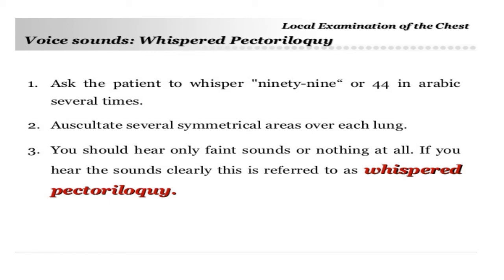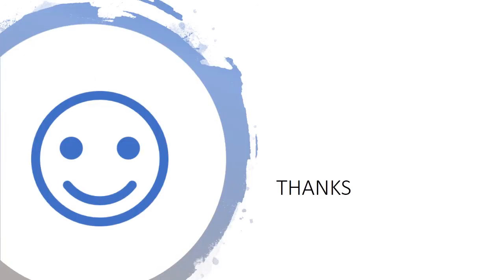And then you have to check the radial pulse, blood pressure, temperature, and lymph nodes, and you have to examine the mouth for central cyanosis, and also check for anemia, and check for the JVP and edema.